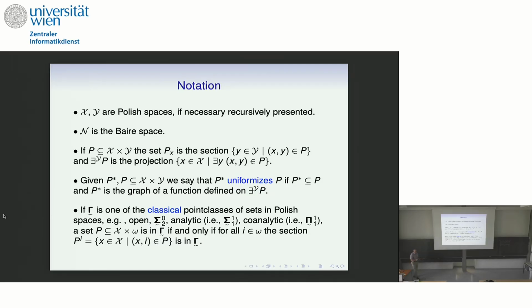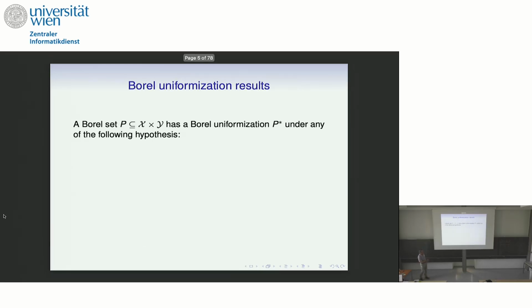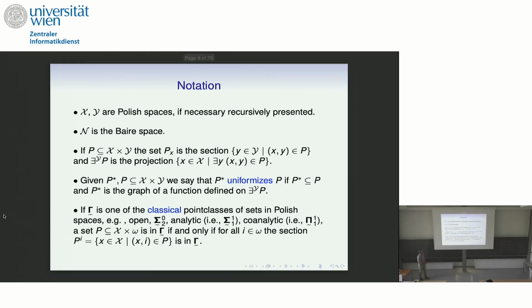Now, classically, this doesn't make much sense. I mean, especially people in analysis are used to seeing sequences, right? Sequences of subsets of X, sorry. Well, this is the same as saying that the corresponding sequence, you take the section, the set of all x such that (x,n) is in P, is in gamma. Okay, so I'm going to use both of them. Depends. Sometimes I'm going to see the naturals as indexes or as arguments. All right, but it's the same thing.